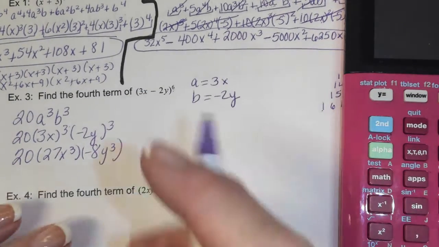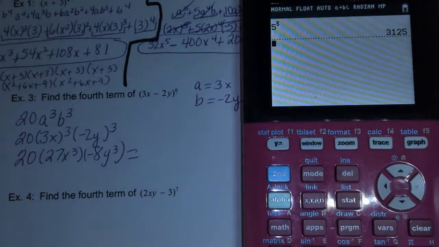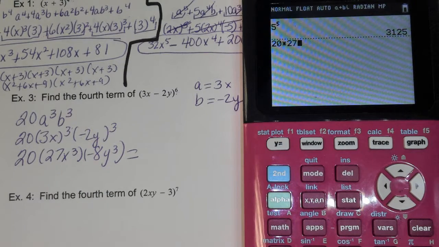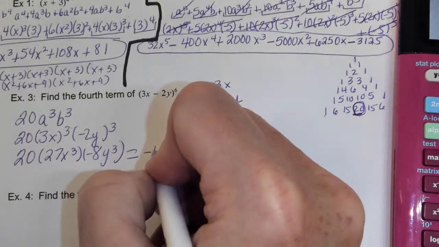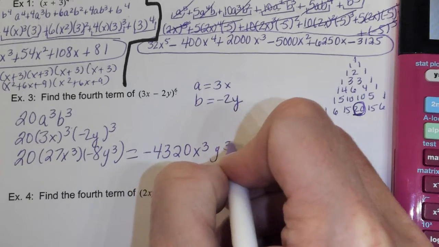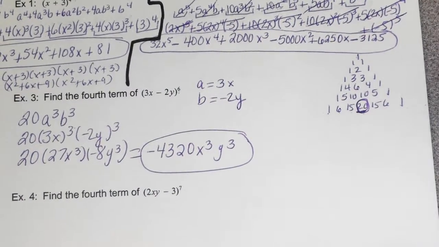And now I just have to multiply all of that. And so we're going to have 20 times 27. I know it's negative. I don't need to bother with the negative. Negative 4320 x cubed, y cubed. That's what that 4th term would be if I were to go through and do all that work.